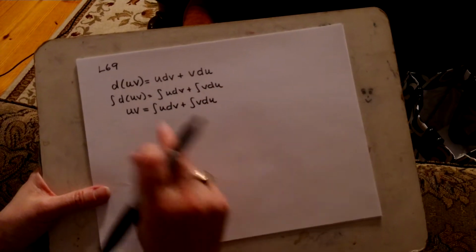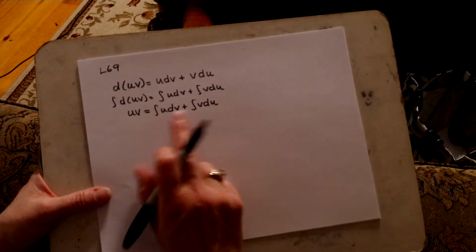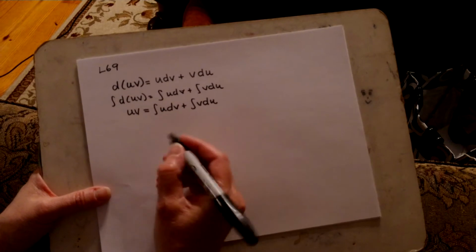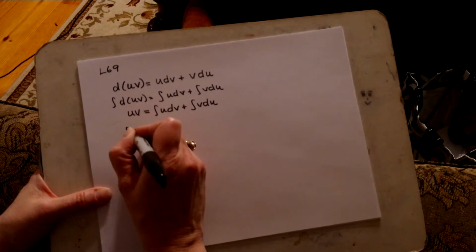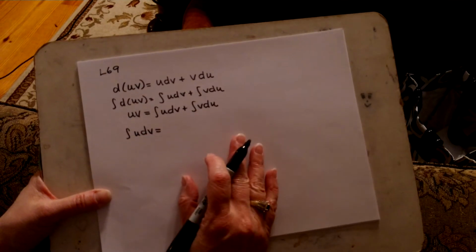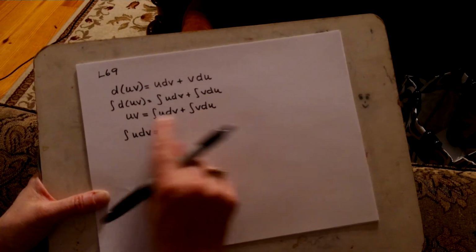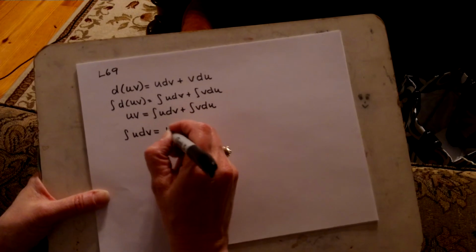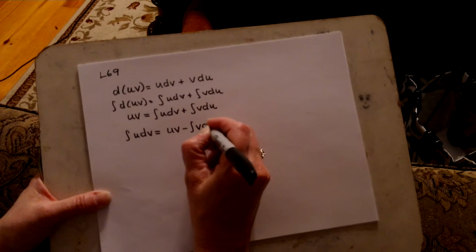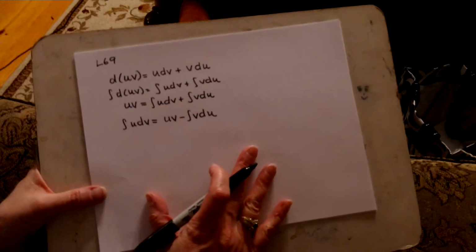So we can then solve for either one of these integrals, and it doesn't matter which one we do. I'm going to pick this first one though. So the integral of u dv equals, so that means we move this one to this side, so we've got uv minus the integral of v du.